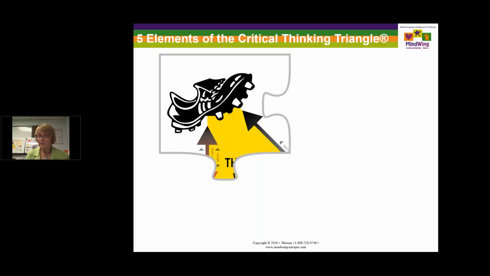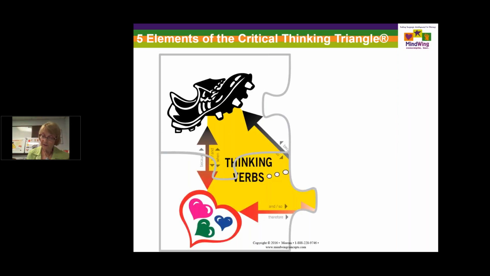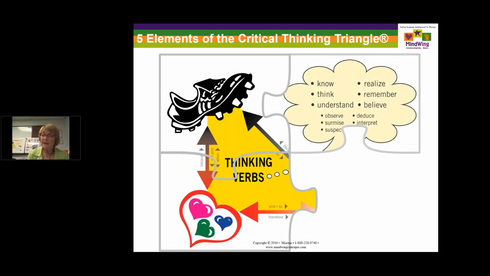So what are the 5 elements? The first element is the kickoff. What caused the story? In classrooms, it's called the problem. The second is the feeling, which is the mental state, the emotion that the character identifies with. The third is the mental state verbs, otherwise known as thinking verbs or thought verbs, those are the things that we used in the lesson that we hope will show up today with the second grade boys.